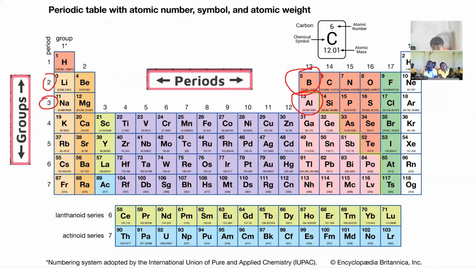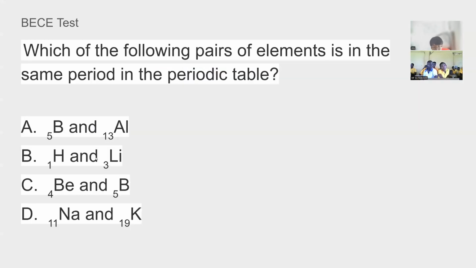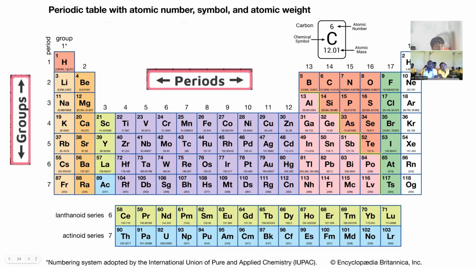Aluminum is in period 3. So they are not in the same period. But let's look at the rest of these. H and Li. H is over here, lithium is over here. Again, they're not in the same period. They're in the same group, but not in the same period.